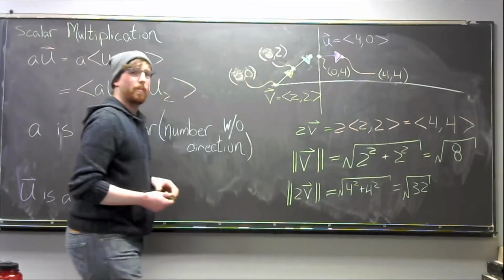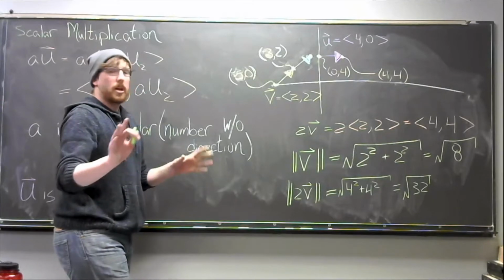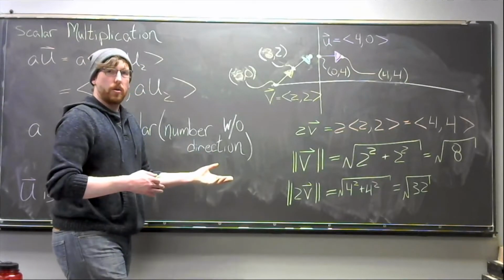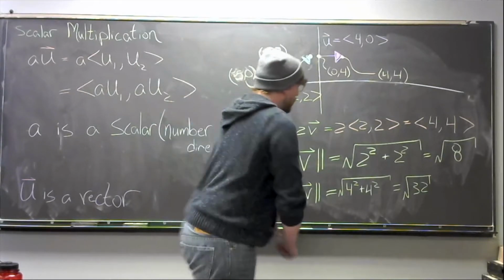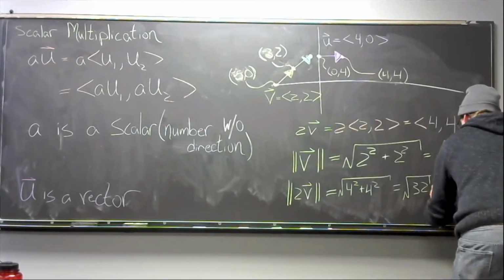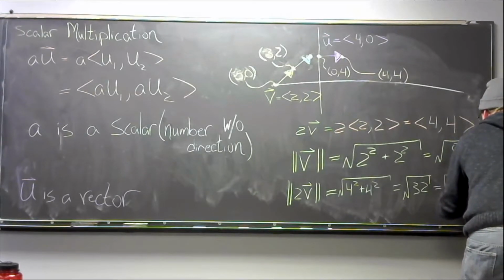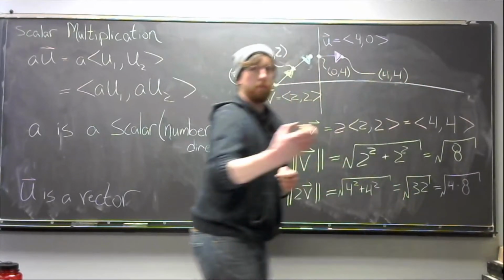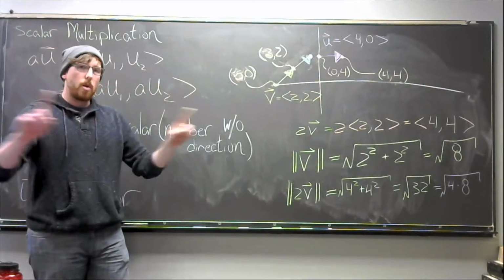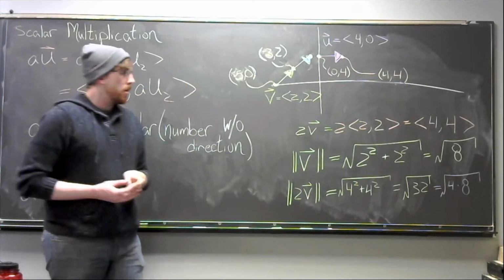But hey, wait a minute. 4 times 8 is 32. So really, this is equal to the square root of 4 times 8. Well, we can pull the square root apart, right? We can break it up so that it's the square root of 4 times the square root of 8.